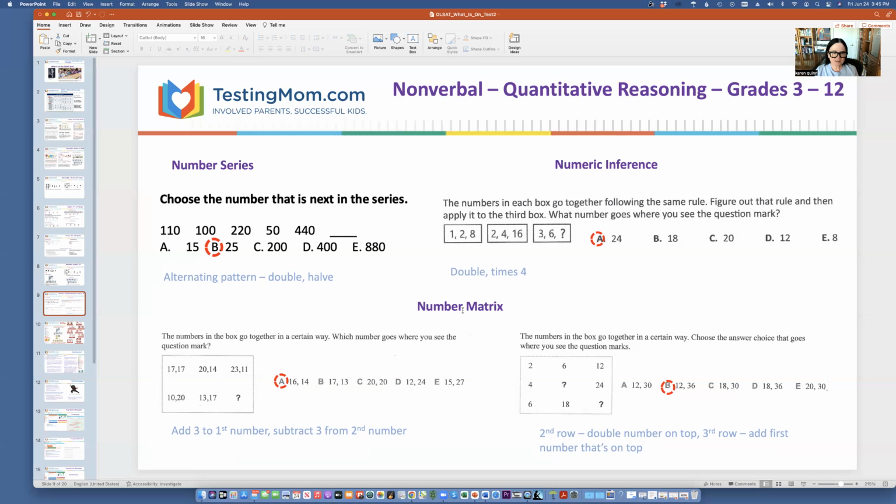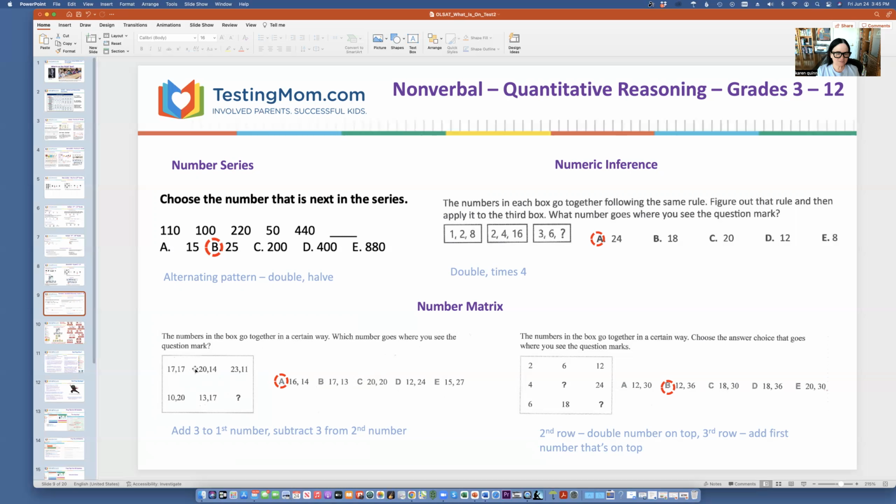Number matrices, you have to kind of just look at these and try to figure out what is going on. Sometimes they go across, sometimes they go up and down. So you're really using your reasoning skills to figure these out. Now, in this case, what we're doing here is we're adding 3 to the first number. And then for the second number, we're subtracting 3 from the second number.